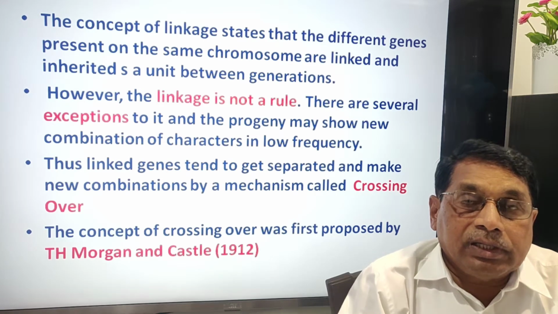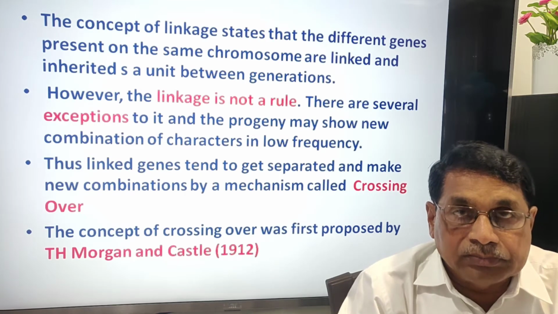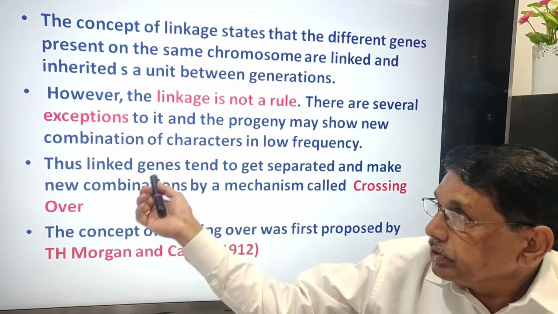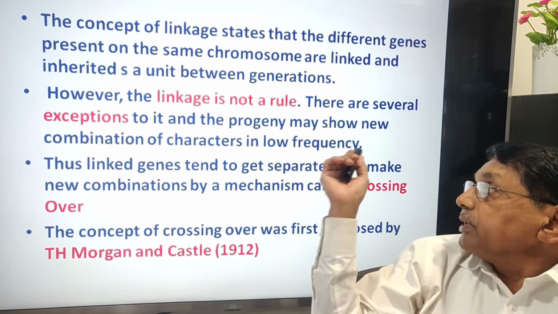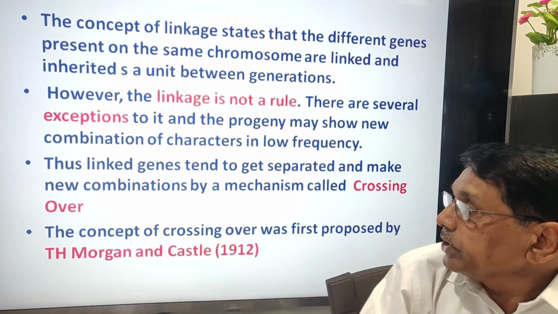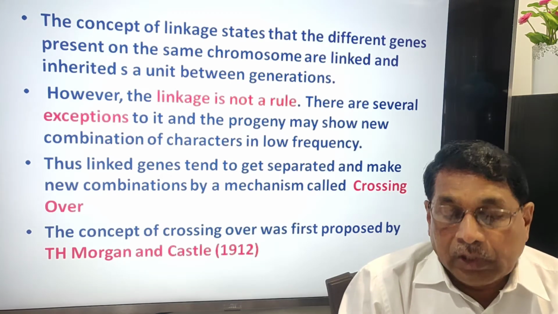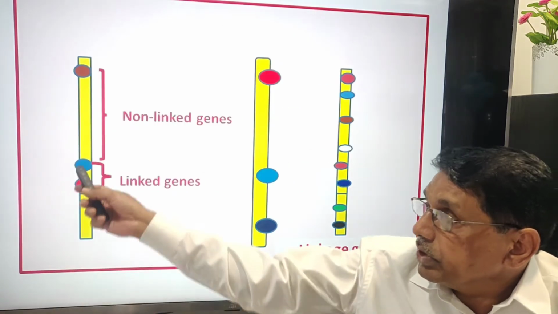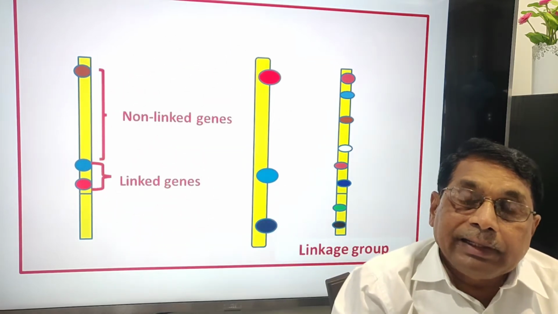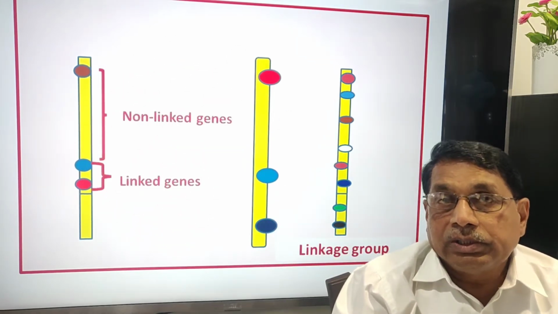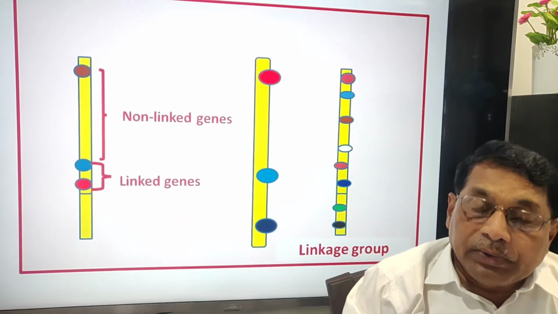The parental characters get mixed in first generation or second. Thus, linked genes get separated and make new combinations by a mechanism called crossing over. So, if you go back, these need not go linked as a unit. They may get separated because the distance between them is more.